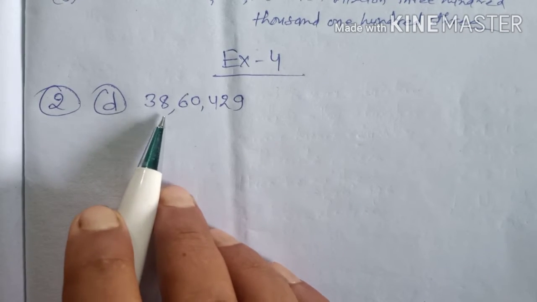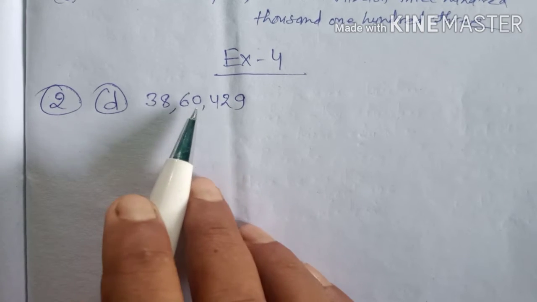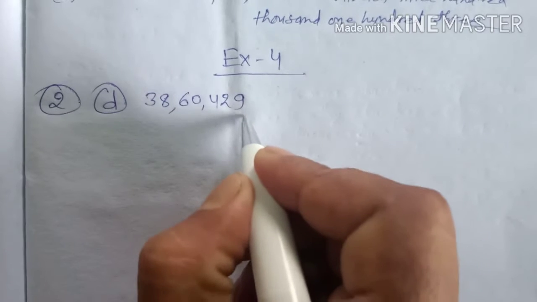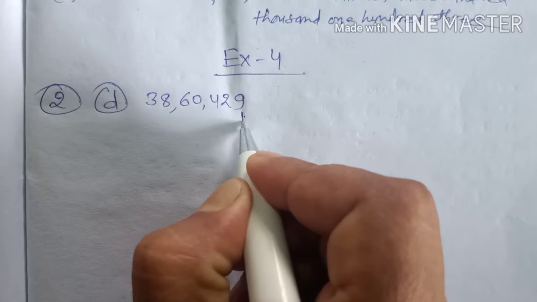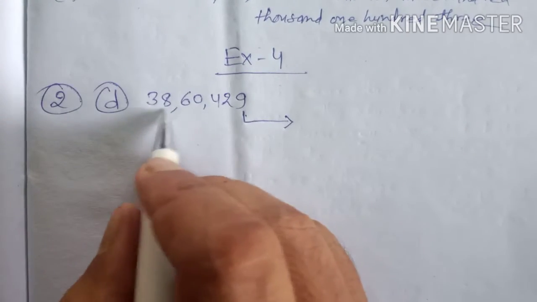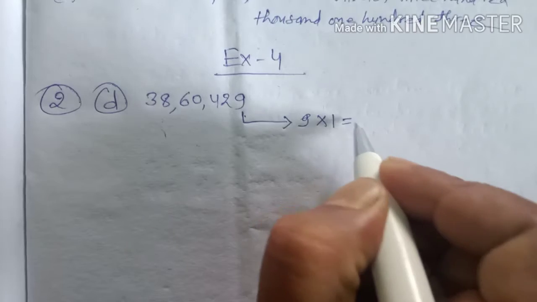In this question you have to find the place value of all digits. So you will solve this like this. The place value of 9 in this numeral will be 9 multiplied by 1, which is equal to 9.